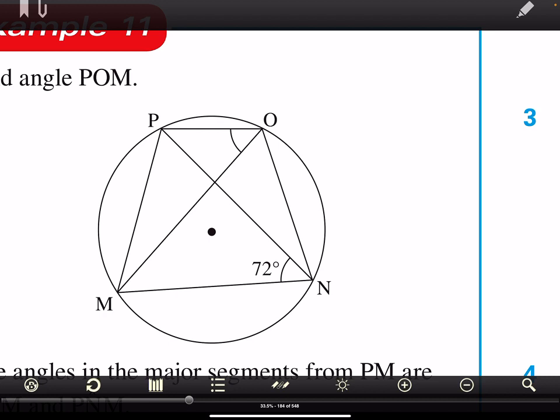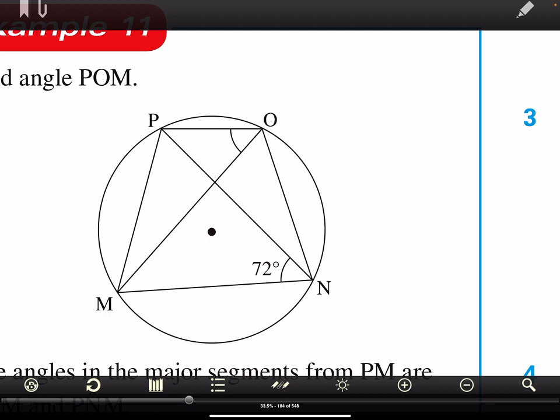So, I have 72 there. Chord, extending to edge of the circle, going back. All right. I need to see if something applies to M. Do I have a line going from M or P to the point of the circle and then coming back to M or P?